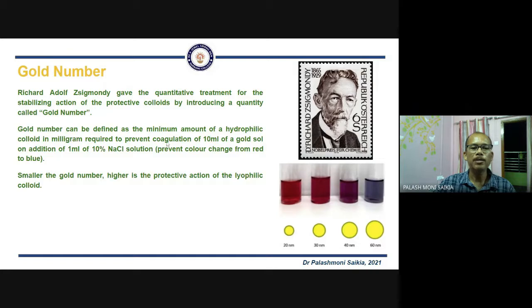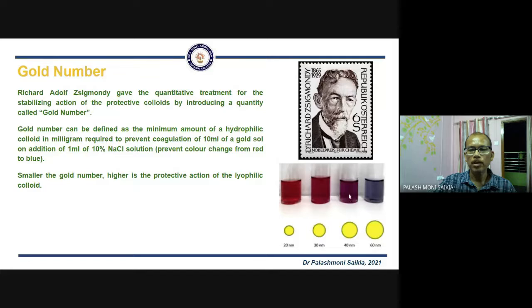It can be defined as the minimum amount of hydrophilic colloid in milligram required to prevent coagulation of 10 ml of a gold sol on addition of 1 ml of 10% NaCl solution, which prevents color change from red to blue. Gold sol is basically red. It is a negative colloid. When we add NaCl, it will coagulate, and when it coagulates, the color changes to blue.